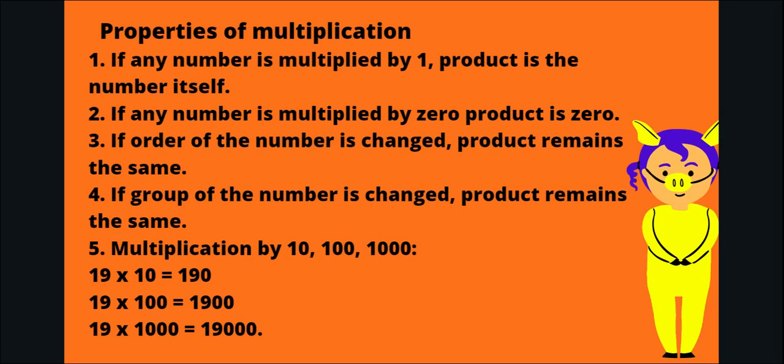Multiplication by 10, 100 and 1000. For example, 19 into 10 is 190. 19 into 100 is equal to 1900. 19 into 1000 gives 19 thousands.